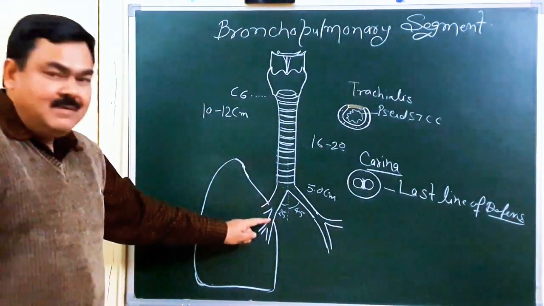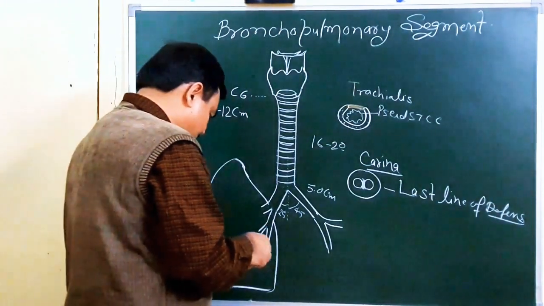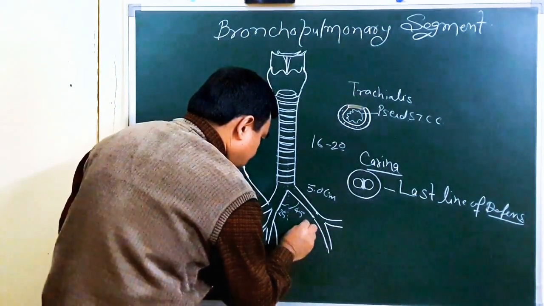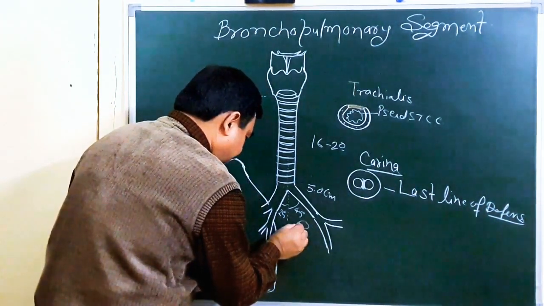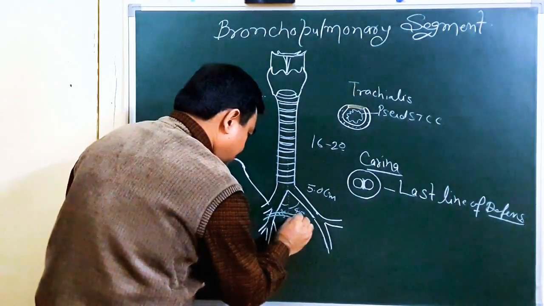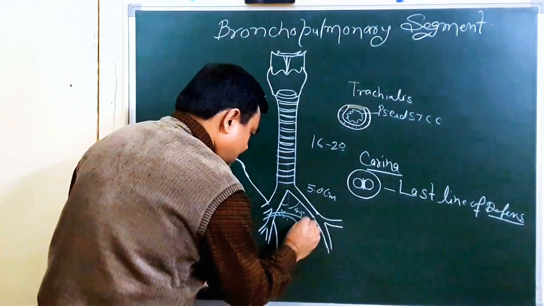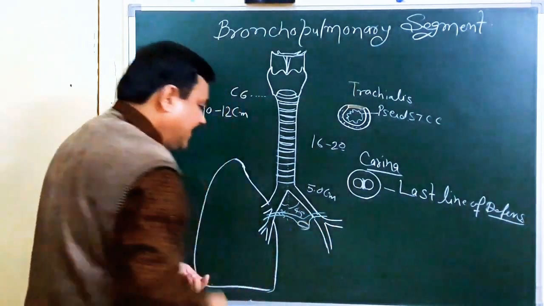Here is the root of the lung. This is the pulmonary artery.